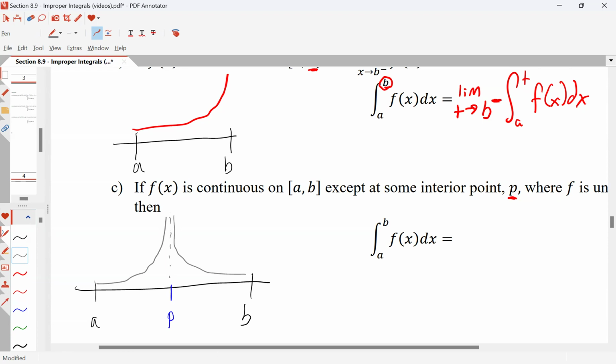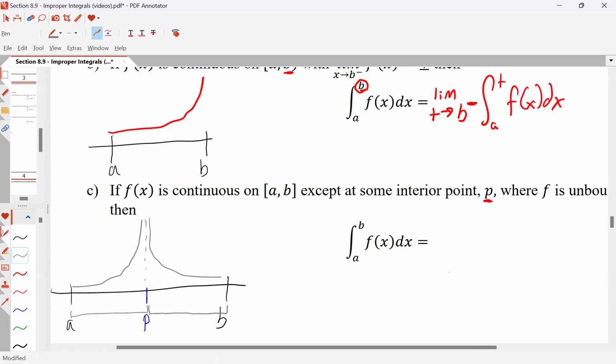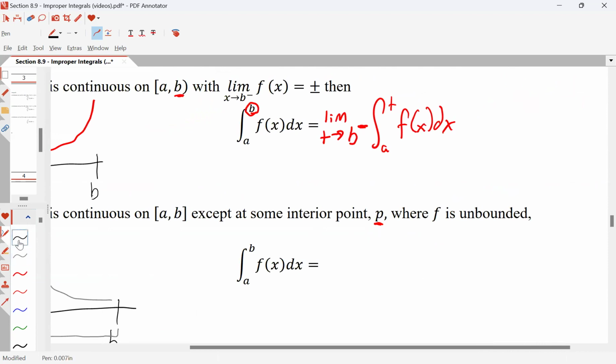Well, then we're going to break it up into two intervals. We'll go from a to p and then p to b. So we'll have the integral from a to that interior point, f of x dx, plus pick up at the interior point to b, f of x dx.